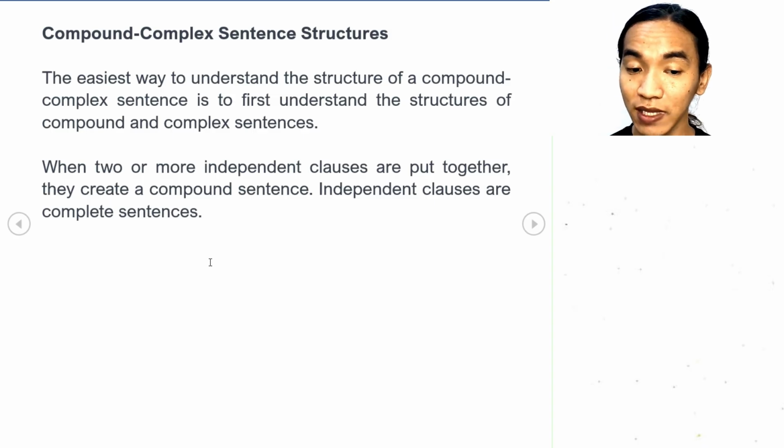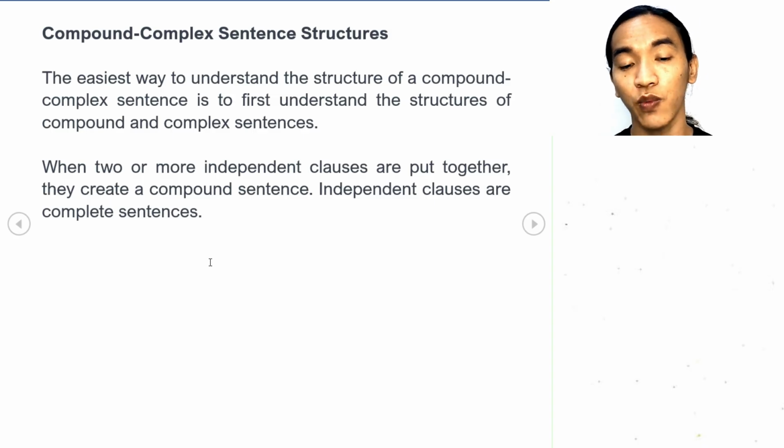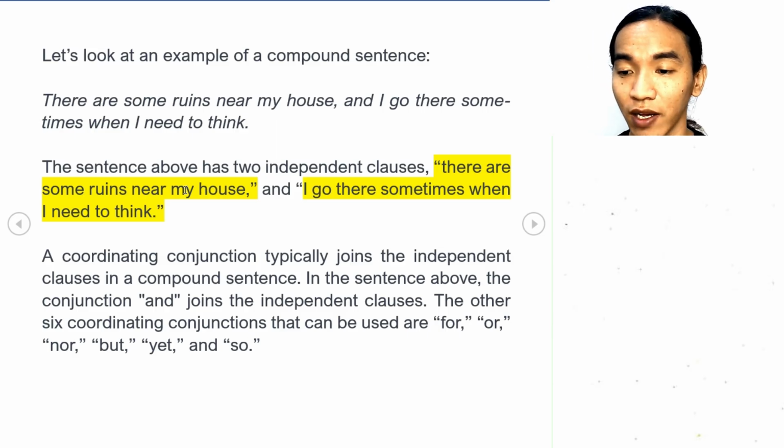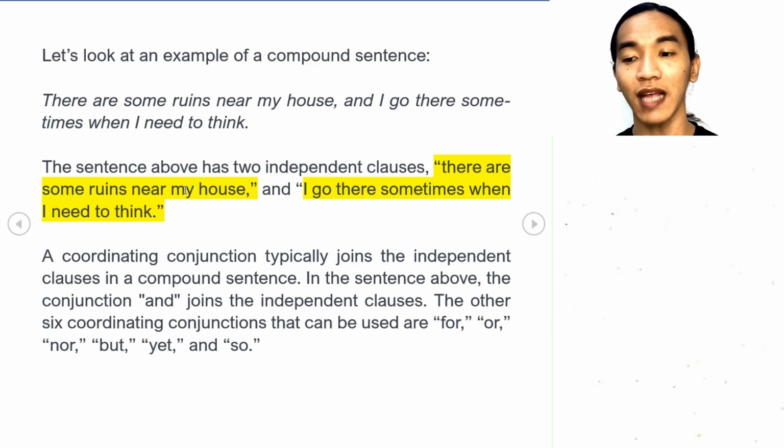Remember, independent clauses together, so we call that compound. All right, they are complete sentences. Let's see this one. There are some ruins near my house, and I go there sometimes when I need to think. So the sentence above has two independent clauses. There are some ruins near my house. Okay, complete thought. I go there sometimes when I need to think.